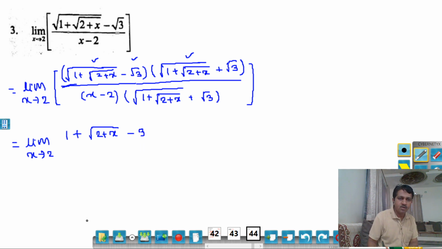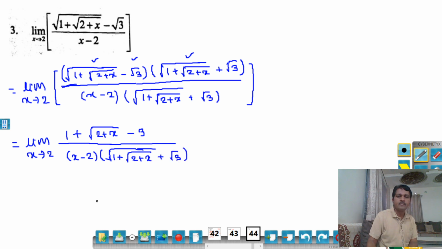Using a minus b into a plus b. This complete divided by the denominator as it is, everything as it is, 1 plus under root 2 plus x plus root 3. Now this is equals to limit x tends to 2. The numerator is now 2 plus x, under root 2 plus x, and 1 minus 3 is minus 2.